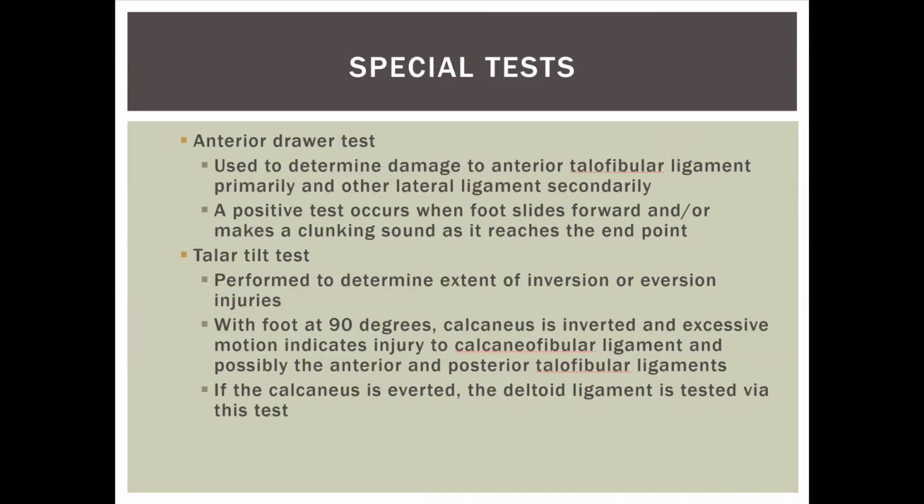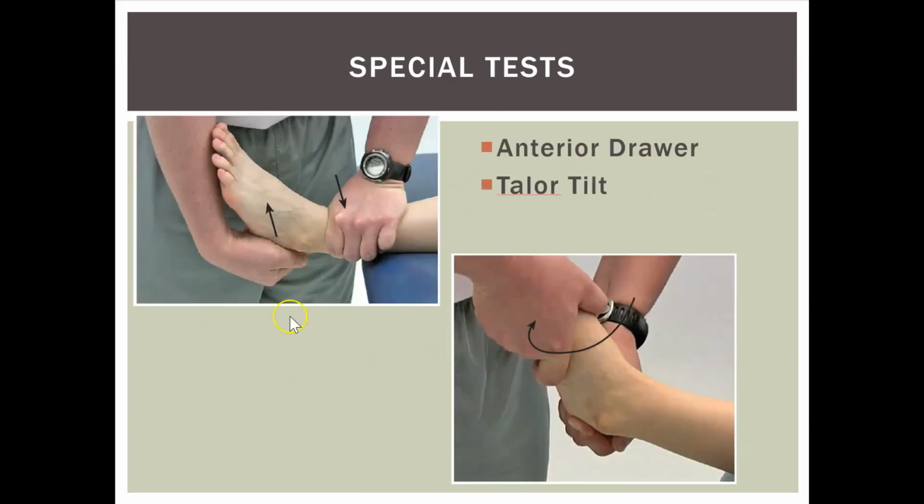Okay, special test for the anterior drawer. Specifically, this test is looking at the anterior talofibular ligament and the other lateral ligaments. A positive occurs when the foot slides all the way forward and there's a clunking sound. This is the hand placement on the top left for the anterior drawer.